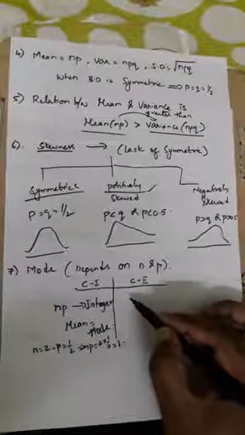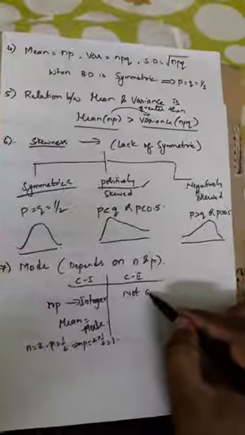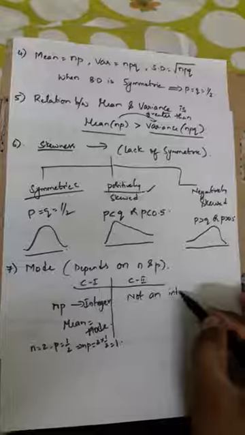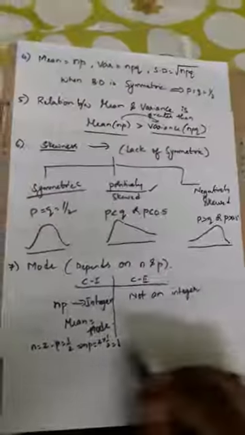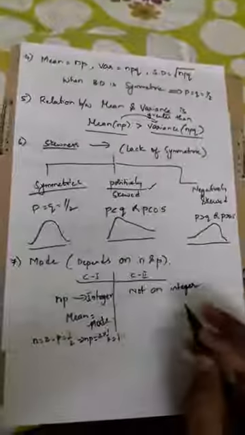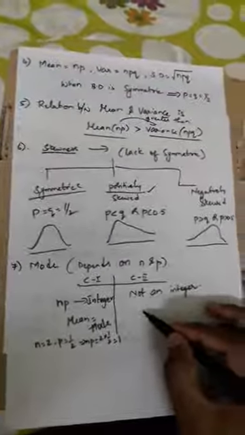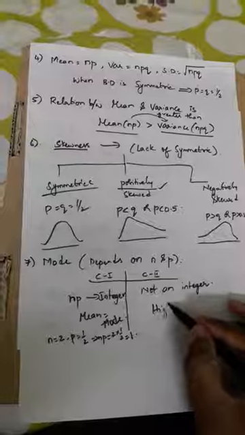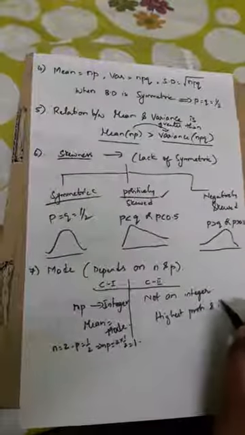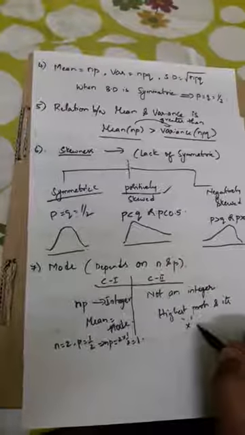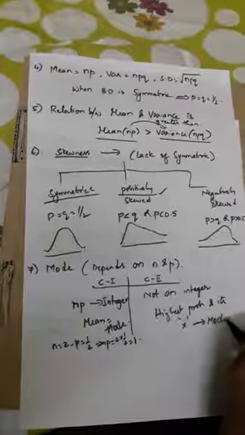Next, if np is not an integer, we can take the highest probability and its x. The highest probability and its x will become the mode.